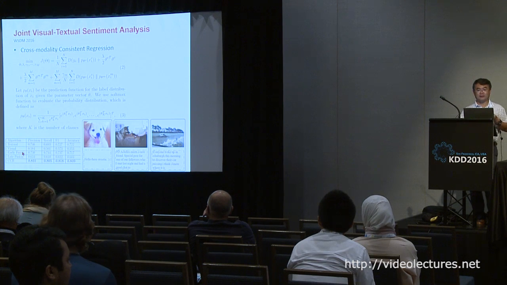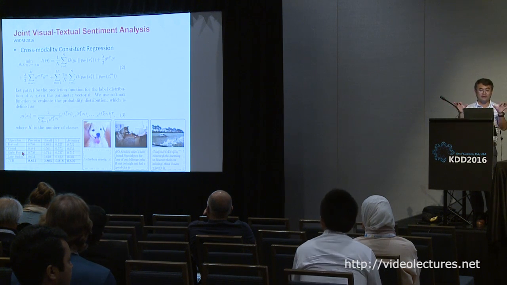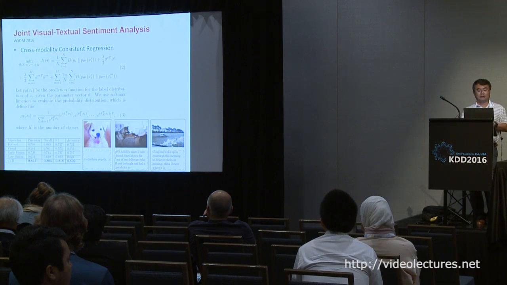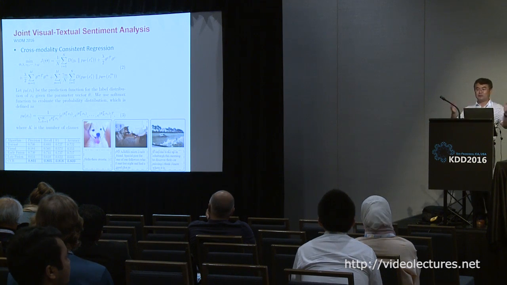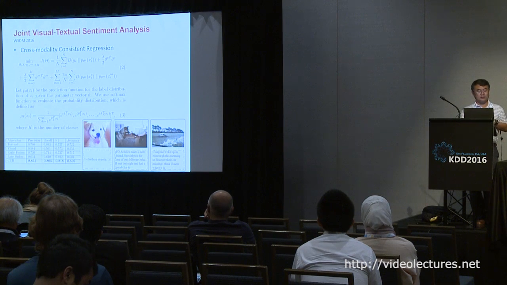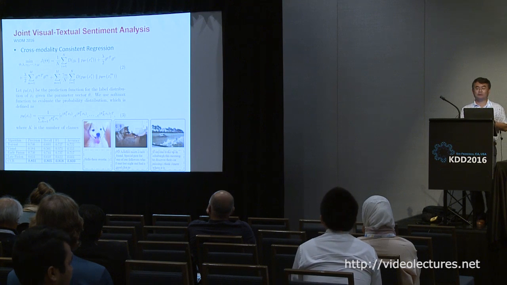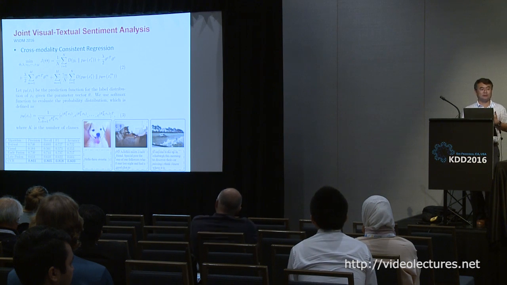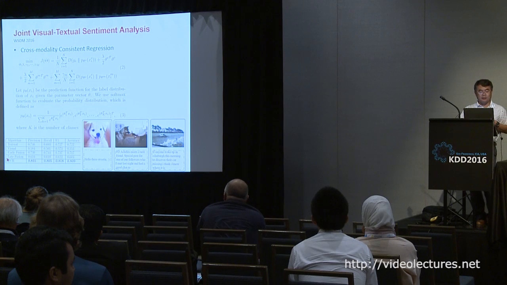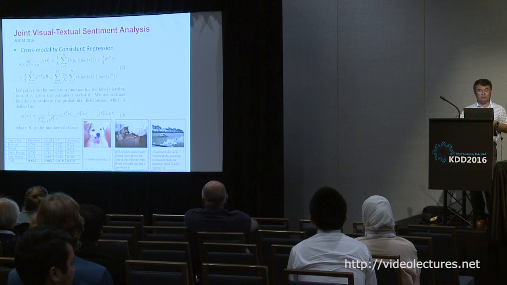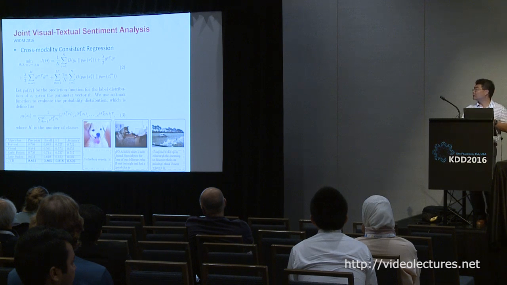Early fusion, basically, you just put the feature vectors of the modalities together and train a classifier. Late fusion, basically, you do it individually, and then you combine the decisions. There's something called CCA, canonical correlation analysis, which is common. And then this CCR is what we propose. It's called cross-modality consistent regression. This is something we presented at WSDM this year.